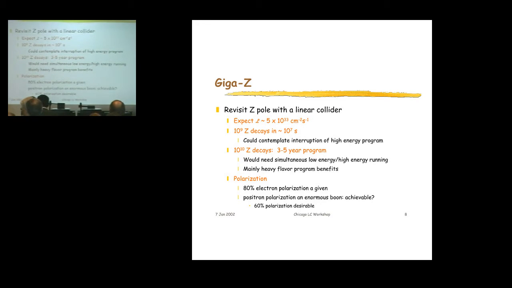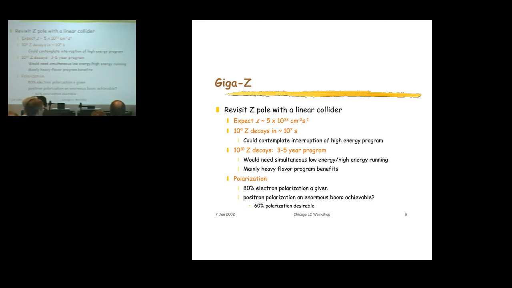You'd really need simultaneous low energy and high energy running to do that, and it would be mainly the heavy flavor program that would benefit, not the electroweak measurements, which will eventually get limited by how well we can control the beam uncertainties.